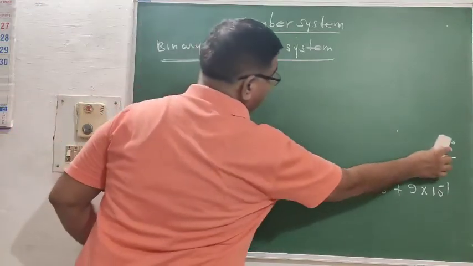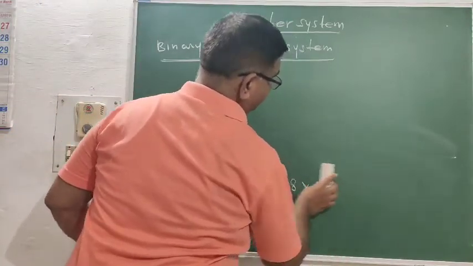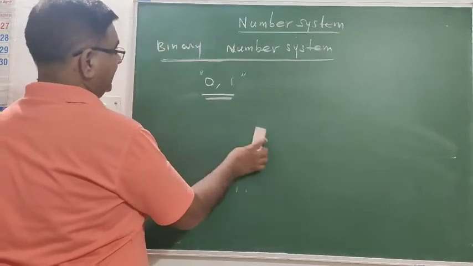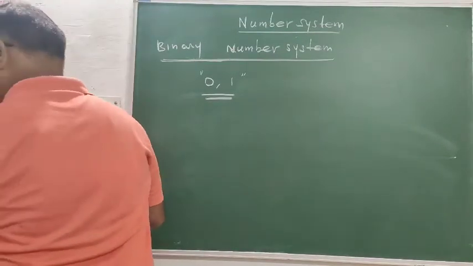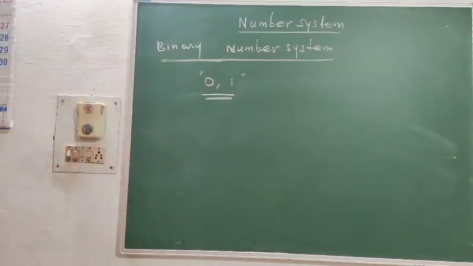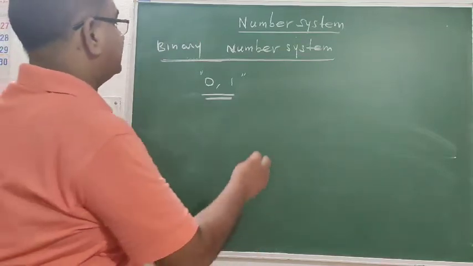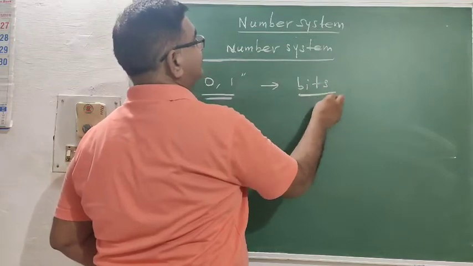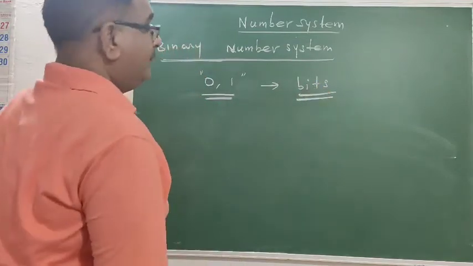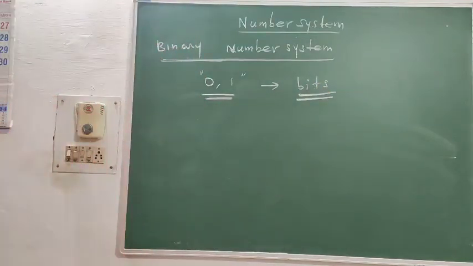Any number written in the form of 0 and 1 is called the binary number system. These two digits are called bits. We convert all the numbers into the form of binary numbers.